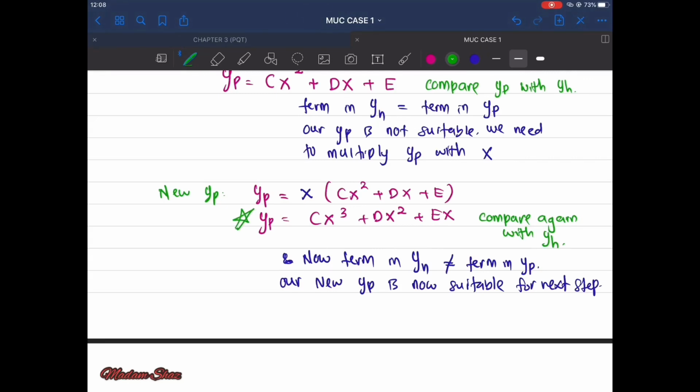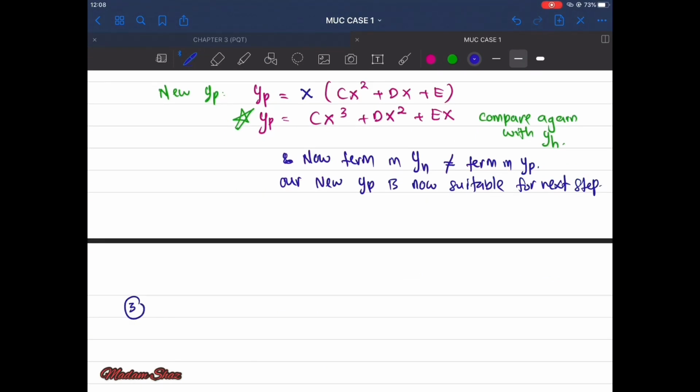Usually we will put the star. Step number 3: from YP star, find YP prime and YP double prime.